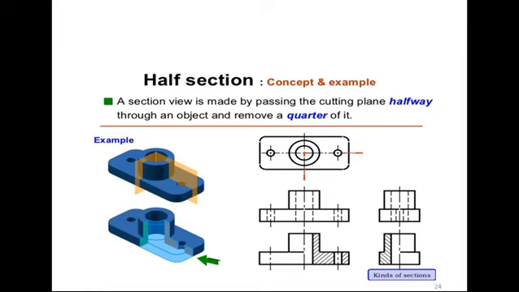One more example, see here. This is your full object. We have taken two perpendicular planes here. We remove this portion from this side. This portion we are going to remove, and then we take this view and do hatching here, here, and here.